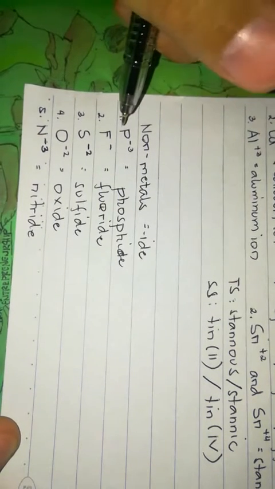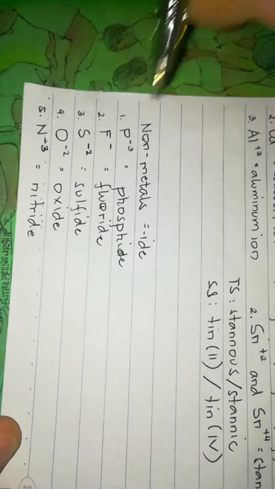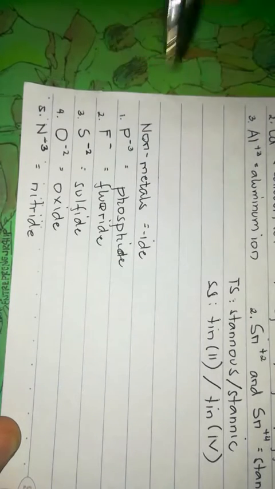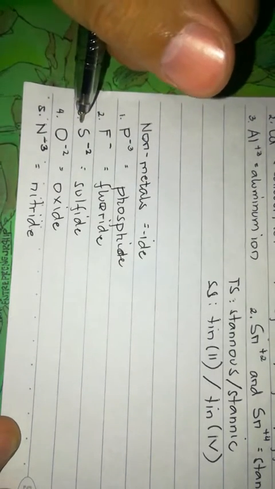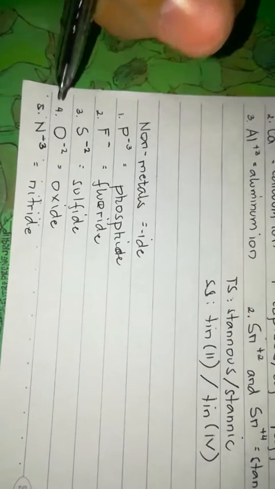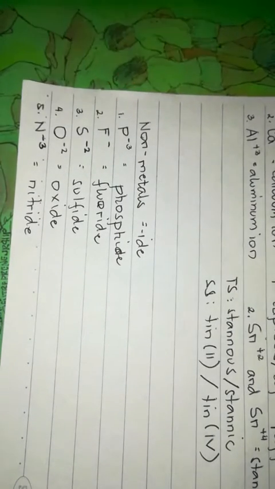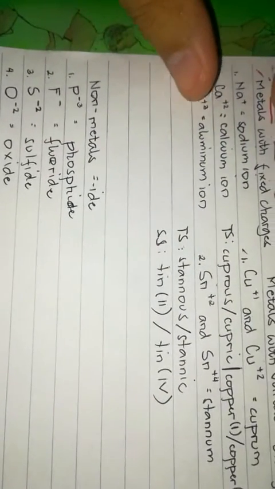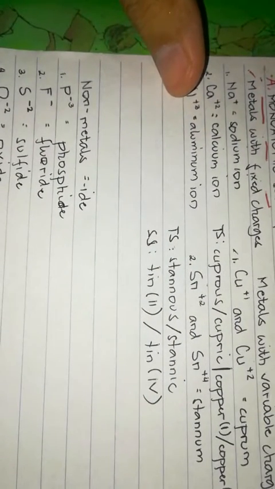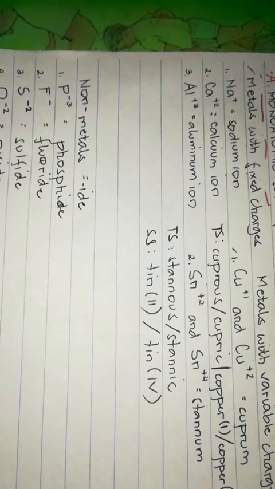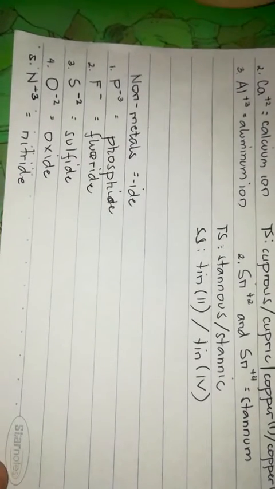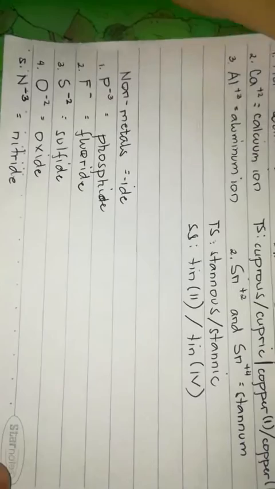So we have phosphorus will become phosphide, fluorine will become fluoride, sulfur will become sulfide, oxygen will become oxide, nitrogen will become nitride, chlorine will become chloride, carbon will become carbide, selenium will become selenide, bromine will become bromide. So that is how we name your monoatomic nonmetal ions. Okay.